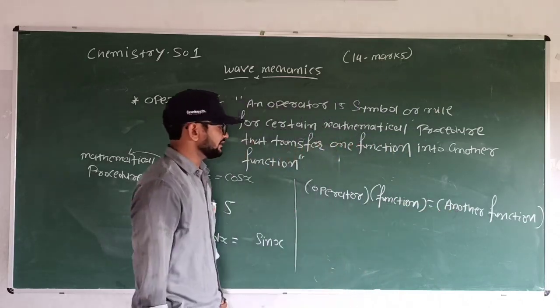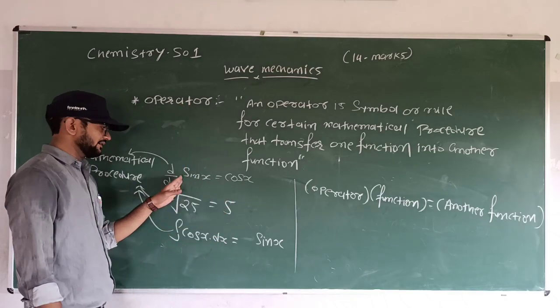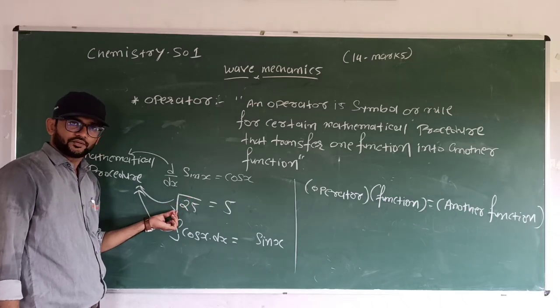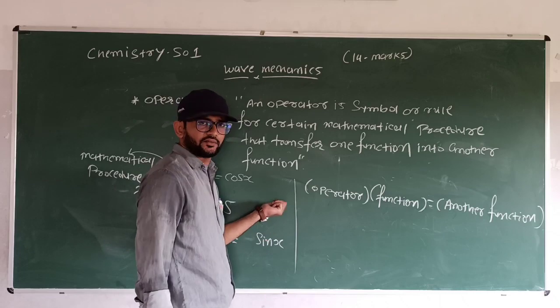So operator is nothing but a mathematical procedure. Operator is any mathematical procedure like d by dx, under root, cube root, integration. Next, logarithm is also one type of operator.